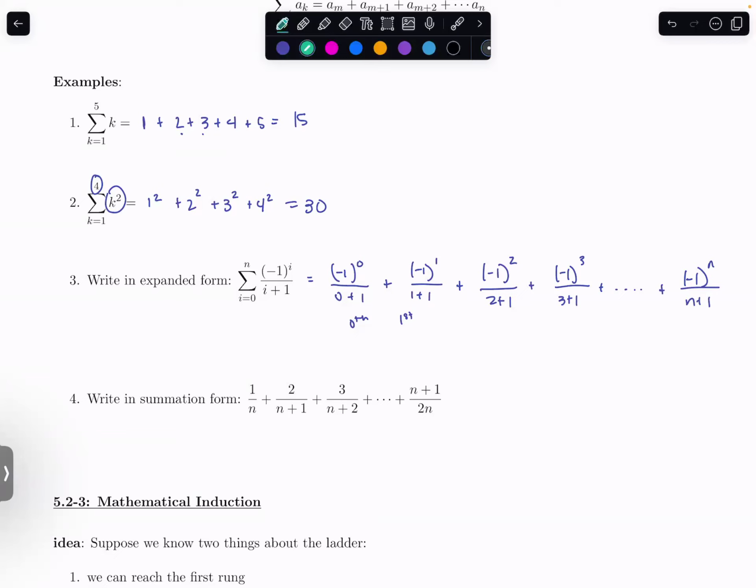And then written nicer, simplified, anything to the 0th power is 1. So you're looking at 1 over 1 there. So that's 1. And then this one, we're looking at -1/2. This one is a positive 1/3, and then a -1/4. That would be a positive 1/5, but whatever.